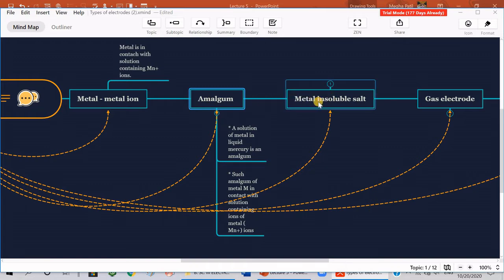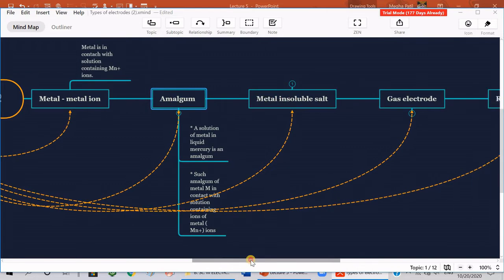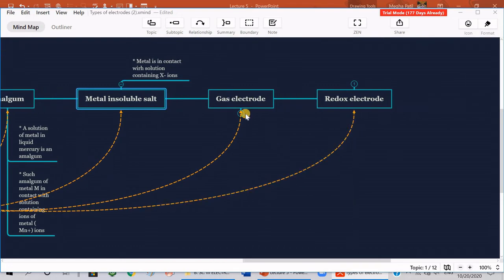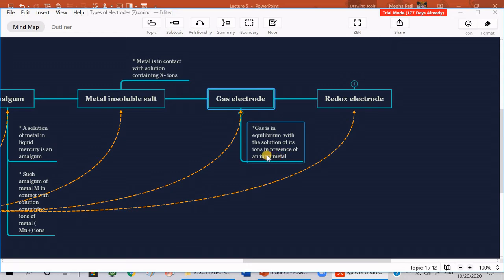Now let's see the metal insoluble salt electrode. What is a metal insoluble salt electrode? A metal in contact with a solution containing X minus ions. That type of electrode is called a metal insoluble salt electrode. Then the gas electrode. A gas is in equilibrium with the solution of its ion in presence of an inert metal.